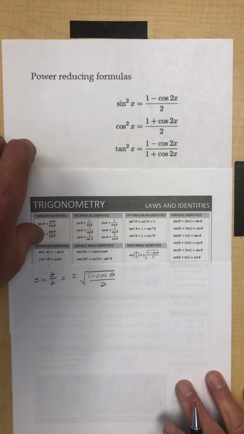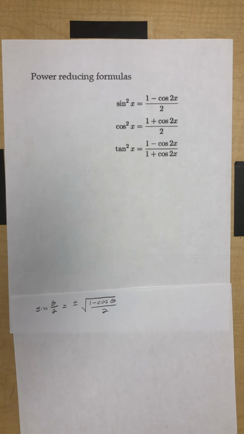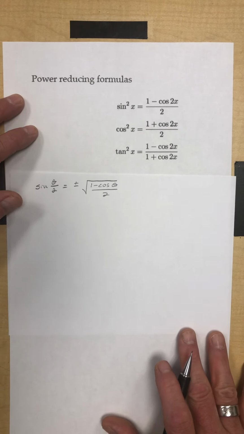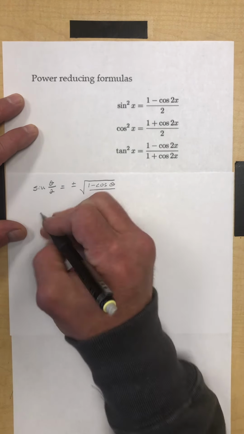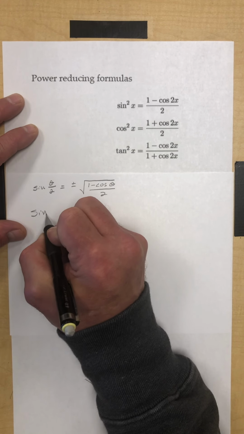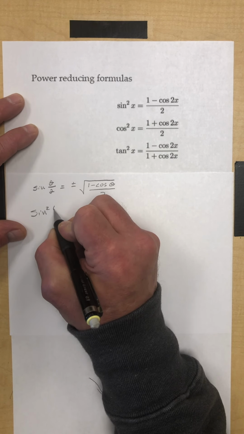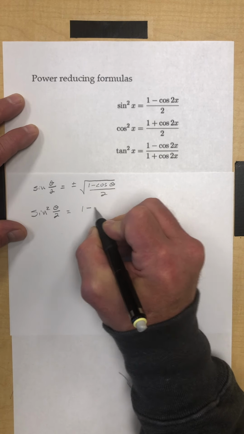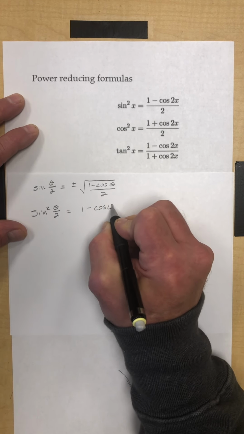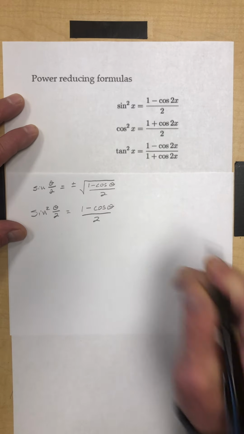If we take that, and you notice that if you square both sides, you're going to get sine squared of theta over 2 equals (1 minus cosine of theta) over 2.